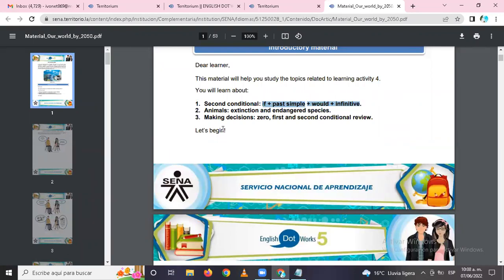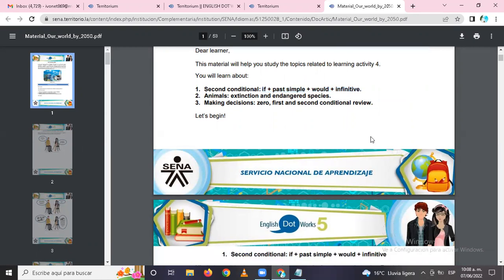And the second part of the grammar is about making decisions. For that, we can use zero, first, and second conditional. It's a kind of review because we already studied zero and first conditional last class in the third web conference.